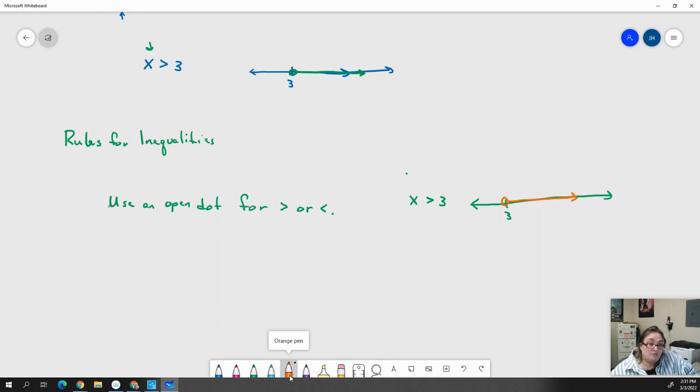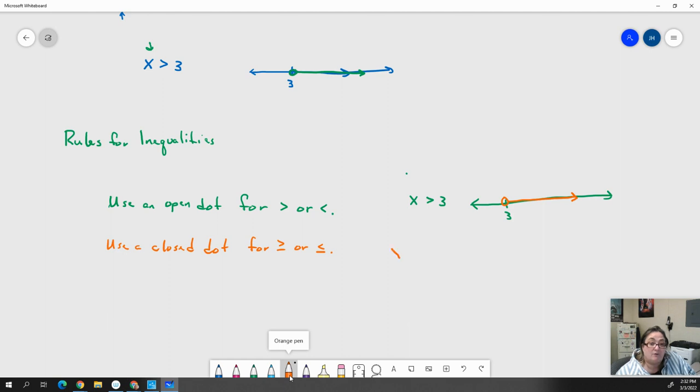We use a closed dot for greater than and equal to or less than and equal to. And that's what that little line underneath means. It means, yes, it can be greater than, but it can also be equal to.